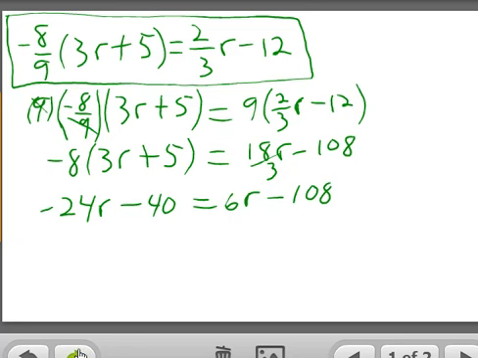And then the next thing that we want to do is think about our r, because we need to get r on one side of the equation.